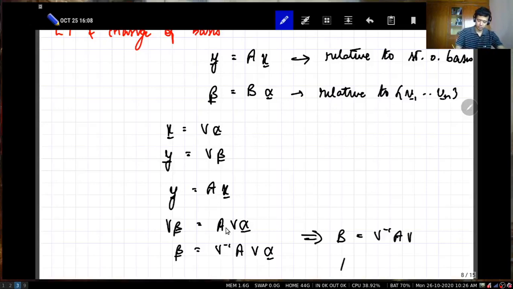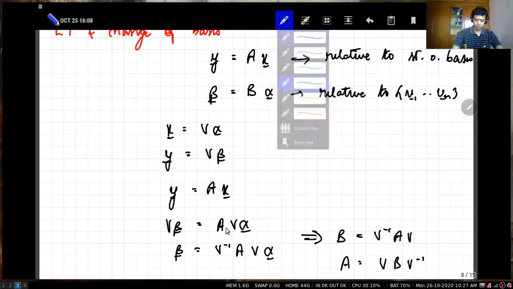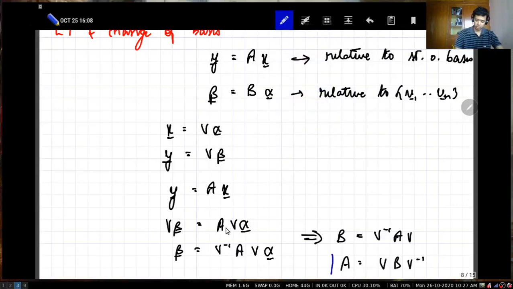Or A is equal to V B V inverse, where the ith column of V represents the ith basis vector Vi. So this is a very important result, and we'll make extensive use of this particular observation in the coming results.